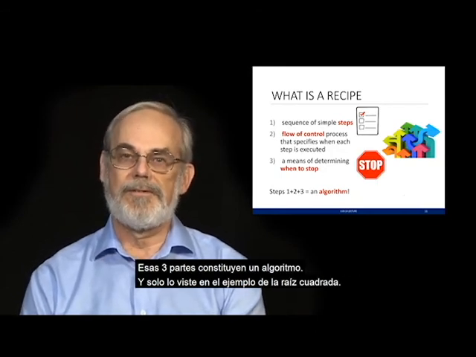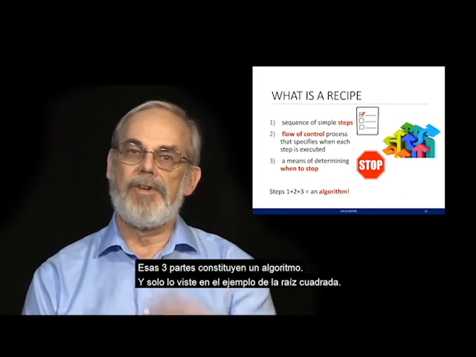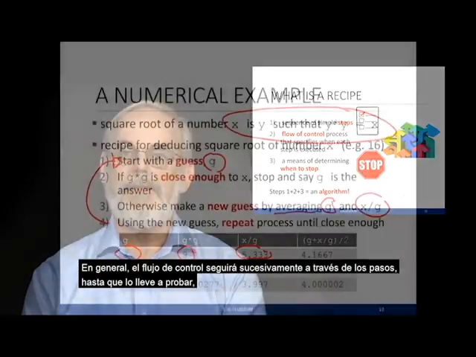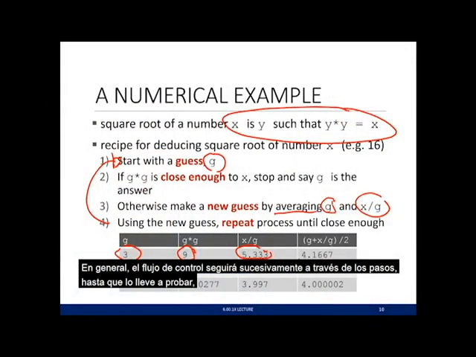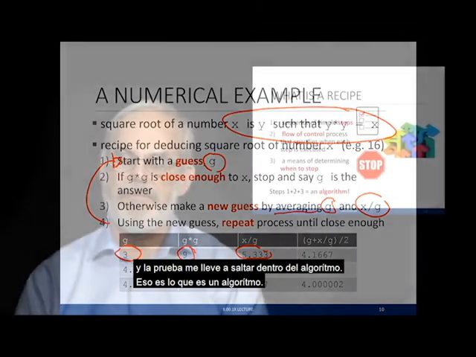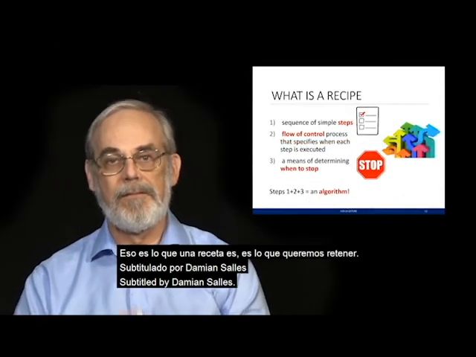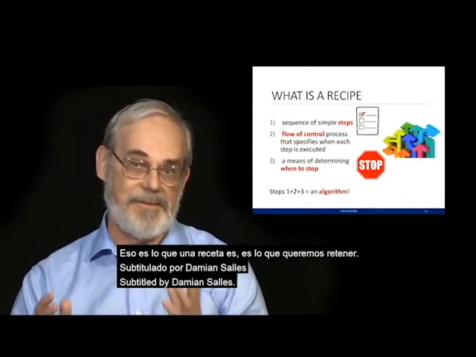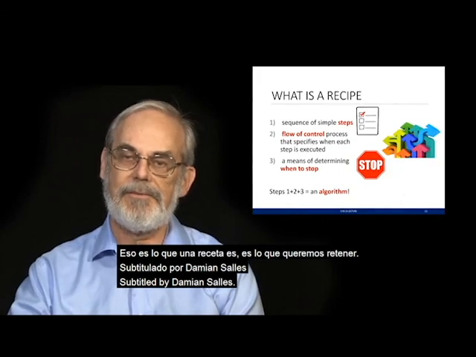Those three pieces constitute an algorithm. And you just saw it in the little square root example. In general, the flow of control was going successively through the steps until I got to a test, and that test had me jump back to another place inside the algorithm. That's what an algorithm is. That's what a recipe is, and that's what we want to capture.